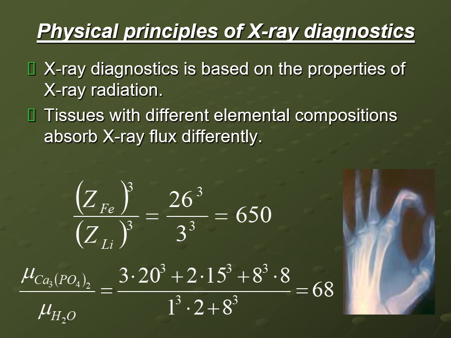So, the flow that came out of the substance will be determined by the incident flow F0, and also by the linear attenuation coefficient of the X-ray radiation and the thickness of the absorbing layer X. The linear attenuation coefficient in this case is determined as follows.